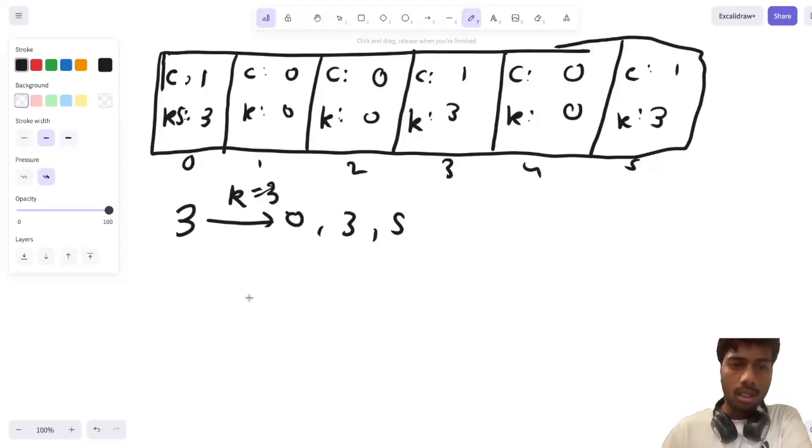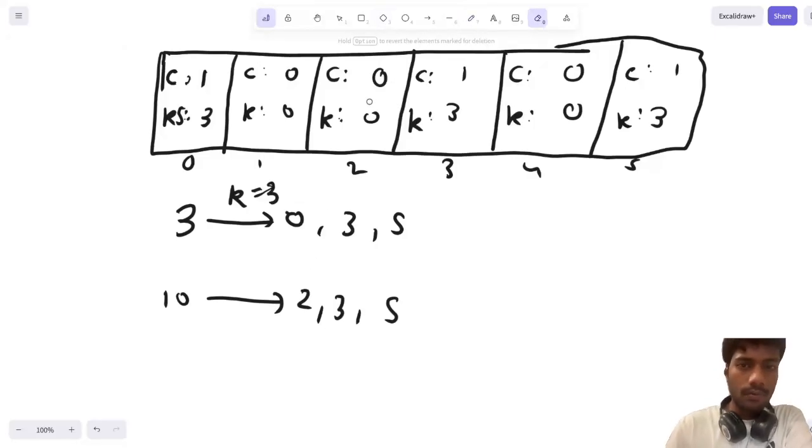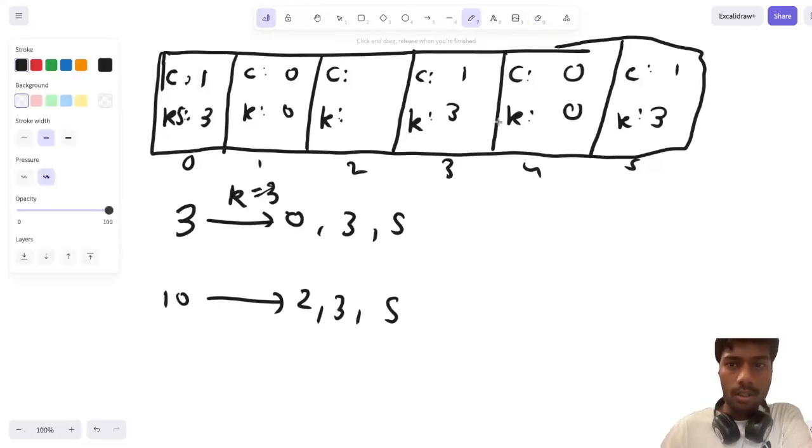Right? And now let's try to store a 10 with k equal to 3. Let's suppose we have indices 2, 3, and 5. Now what will happen is it will go to 2, 3, and 5, and first it will update the 2's counter and add itself there.